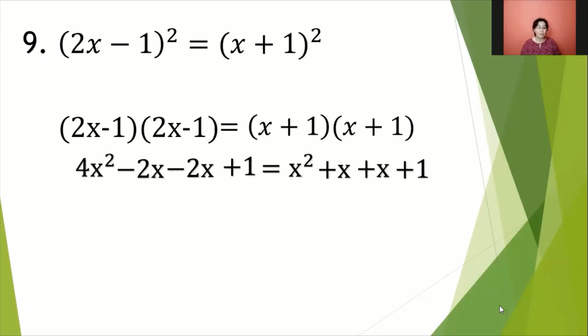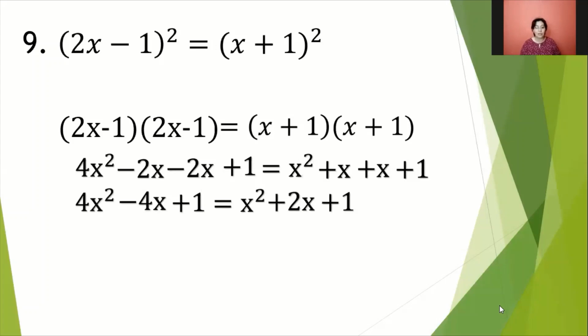Then, using the addition property of equality, we have to simplify and then combine like terms. 4x squared minus 4x plus 1 is equal to x squared plus 2x plus 1.